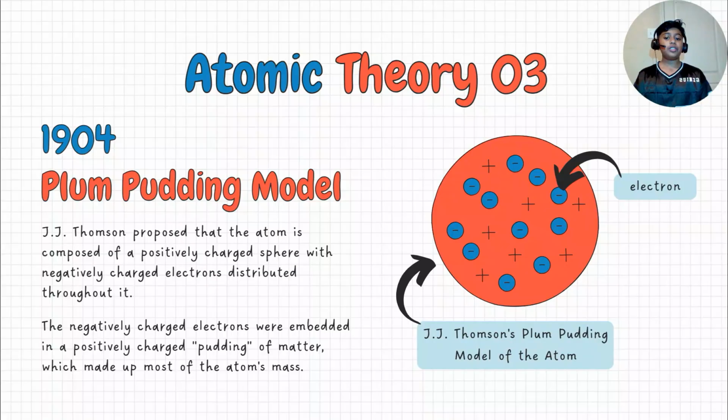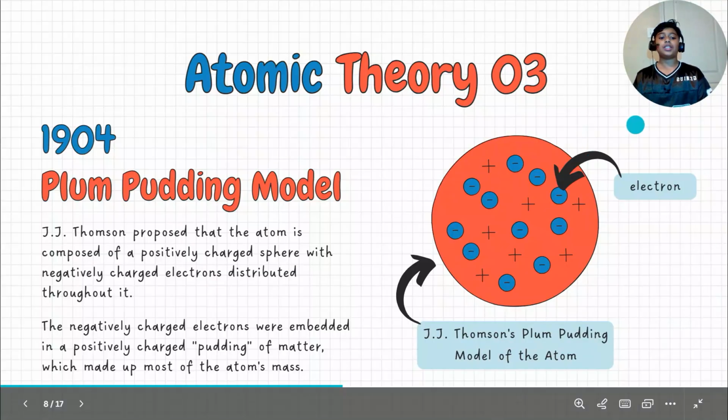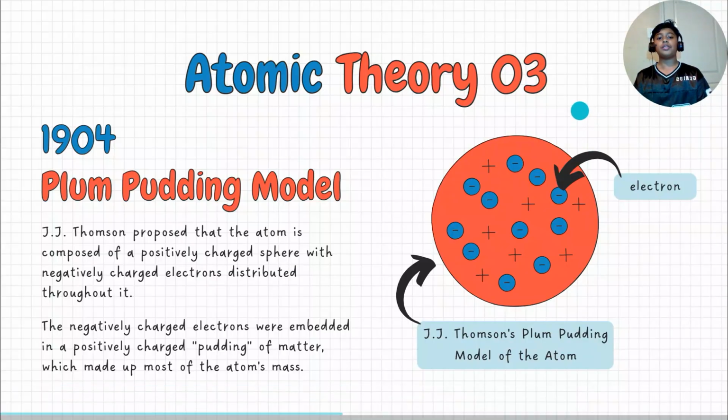The negatively charged electrons were embedded in a positively charged pudding of matter, which made up most of the atom's mass. You can think of it as raisins in an oatmeal raisin cereal. So this is J.J. Thomson's plum pudding model of the atom, and these blue dots you see here are the electrons.